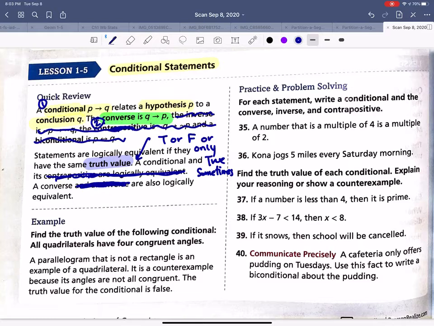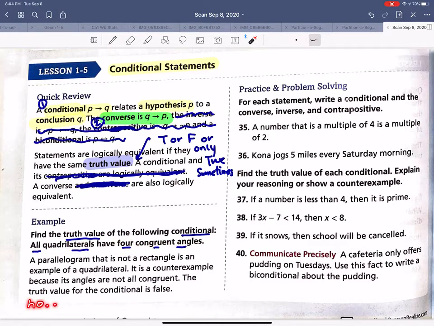It says, find the truth value of the conditional. All quadrilaterals have four sides. Okay. So we say to ourselves, oh wait, I read that wrong. All quadrilaterals have four congruent angles.